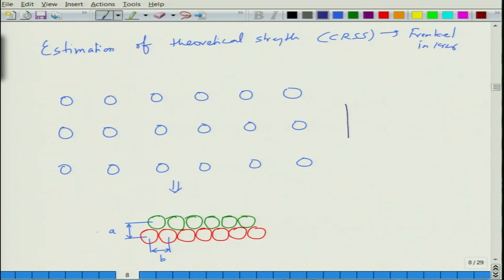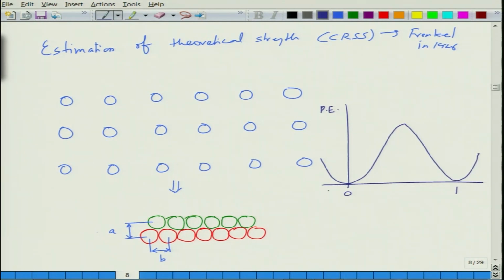Basically what it means is that the potential energy of the crystal is minimum when the atoms are located at these positions. So, potential energy goes like this. At equilibrium positions 0 and 1, potential energy is minimum. Let us say these are positions 0, 1, 2, 3, 4, 5. So, this is the 0 position, then 1 position, 2 position, where potential energy is minimum.